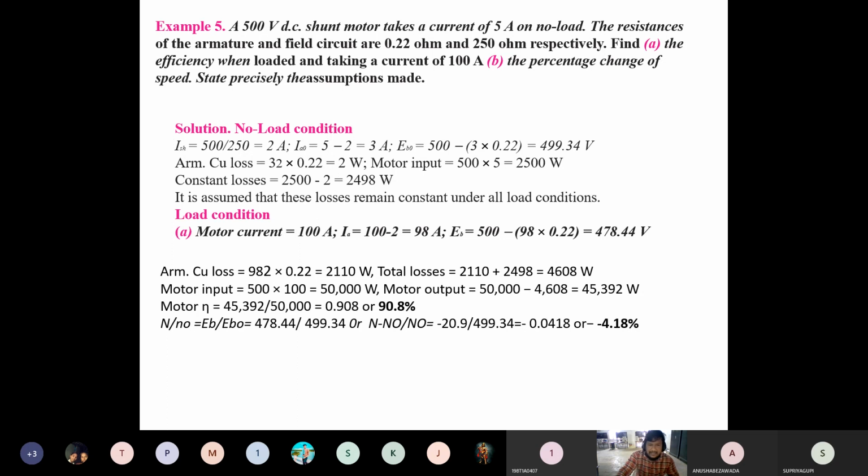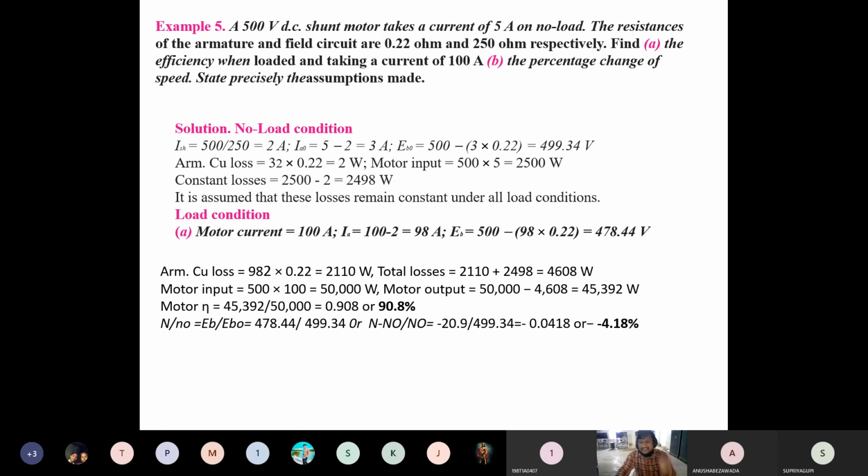This is the motor current IL, and the armature current IA is equal to IL minus ISH. ISH is not changing, it is 2 amperes only, but the current is changing. The no load condition is used to find the constant losses only. After finding the constant losses, we go for the loaded condition.